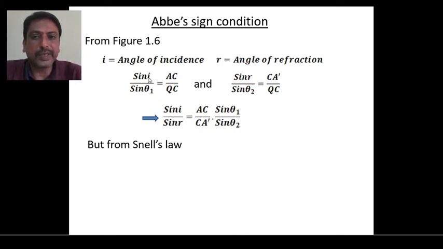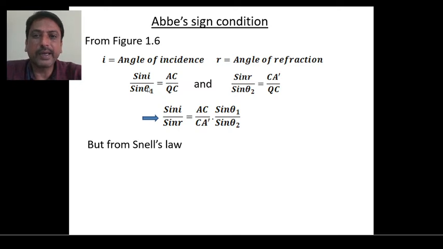The opposite side of I is AC, and the opposite side of θ1 is QC. If you refer to the figure, by the sine rule the ratio for the angle of incidence is written with the opposite side AC. In the same way, sin R divided by sin θ2 is equal to the opposite side of angle R, which is CA', and the opposite side of angle θ2, which is QC.